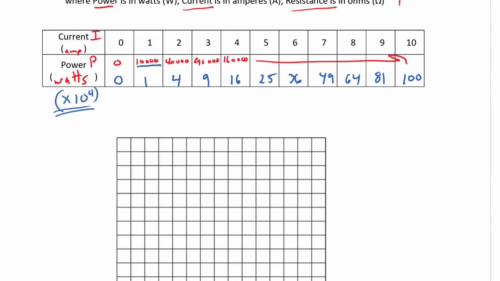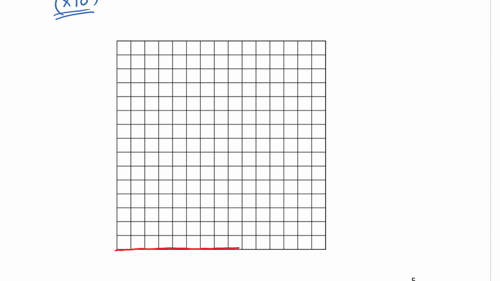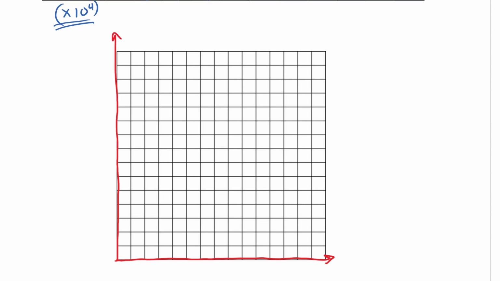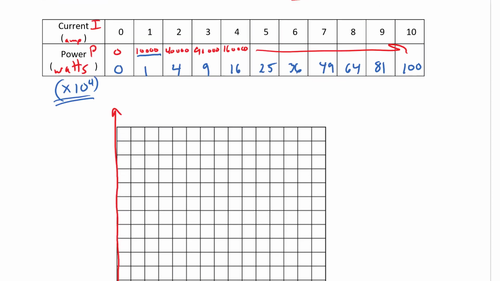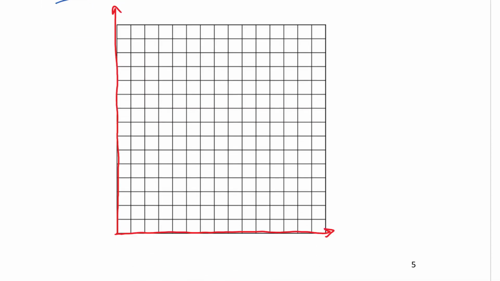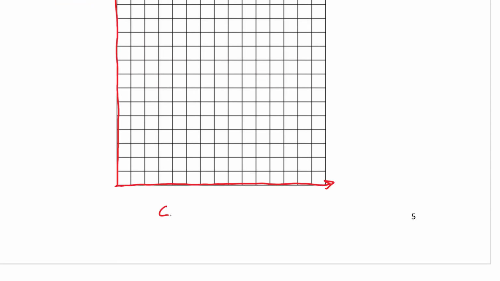Let's graph that now. We have our horizontal axis. We have our vertical axis. What goes where? Current is my independent variable, so it goes along the horizontal axis: current, I, in amps.